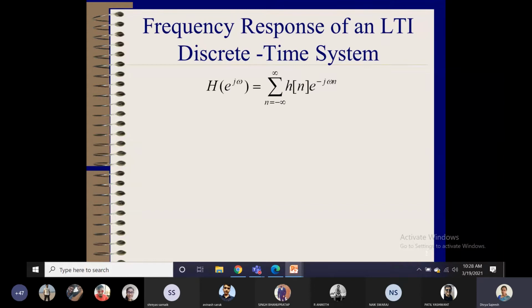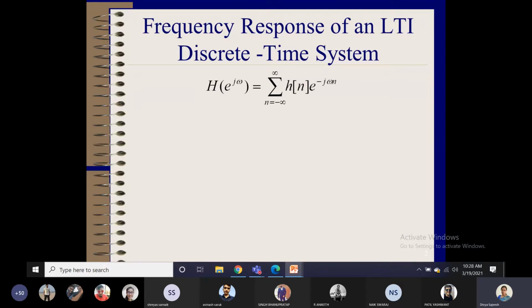How the system will behave for different frequencies, all this we can analyze in the frequency domain. So, the filtering characteristics of the system. So we have to design a filter. For that we need to analyze its frequency response.